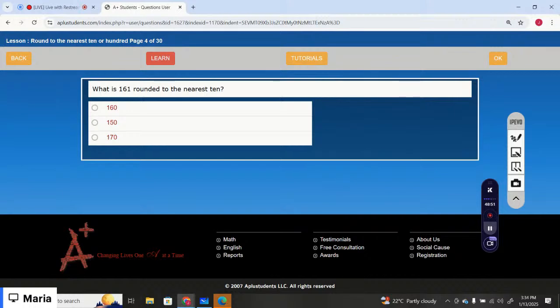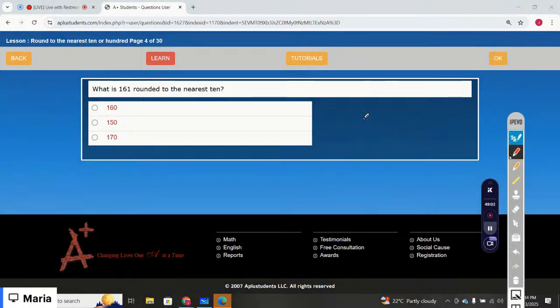What is 161 rounded to nearest 10, which is the correct option? 161. 1 is at the hundreds position. Next to 1 is 6. 6 is greater than 5. So we need to round up, add 1 to the hundred digit and replace the other two digits with, oh sorry, nearest 10 it is, not nearest 100. Sorry. Read the question carefully, right?